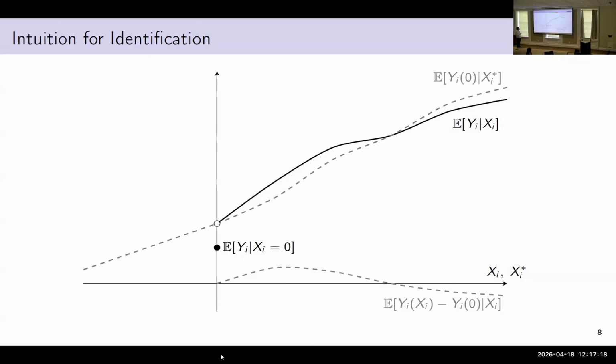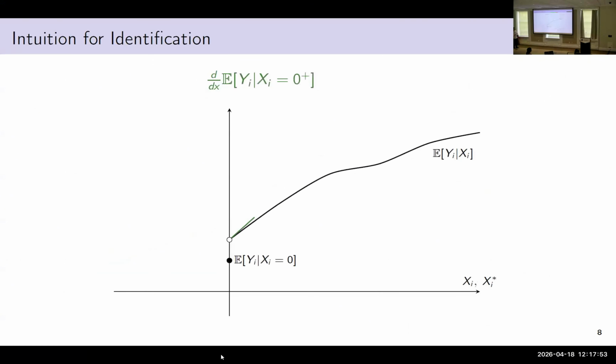But at the bunching point, the ATT is 0 because I observe the untreated potential outcome, so this difference will be 0. So what am I observing? I'm observing just the integral on the negative side. I observe on the strictly positive side the combination of these two underlying functions, and at the bunching point, the integral of the untreated potential outcome on x star when it's negative.